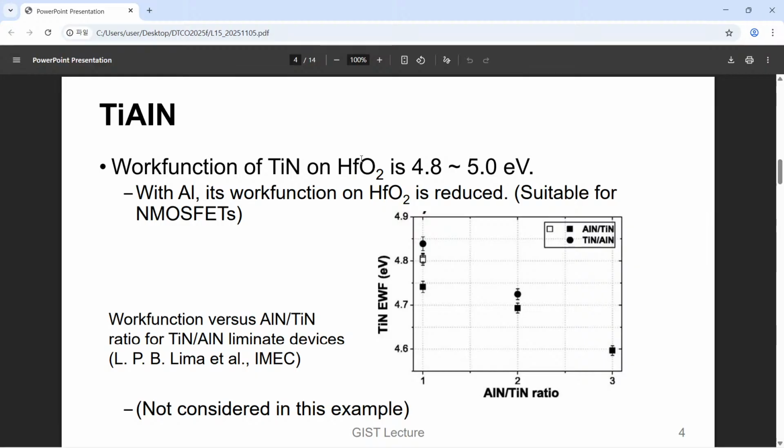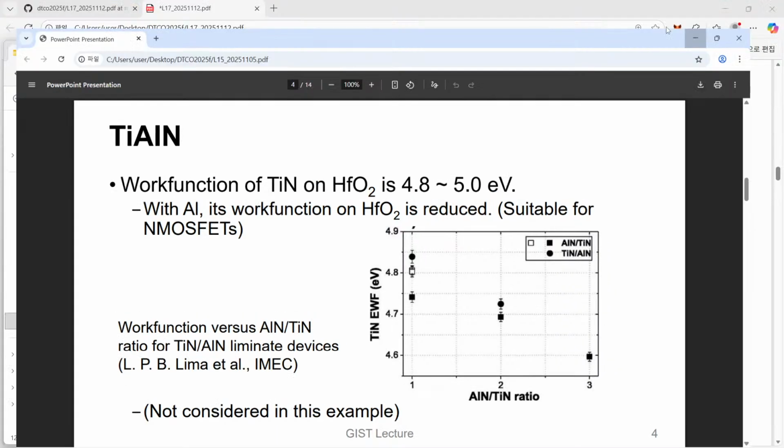It means that the work function of titanium nitride is different when it is placed on hafnium oxide or other different materials. So this work function should be regarded as an interface quantity instead of a bulk quantity.